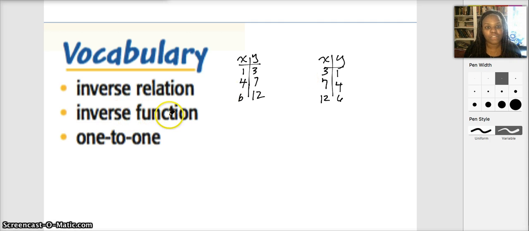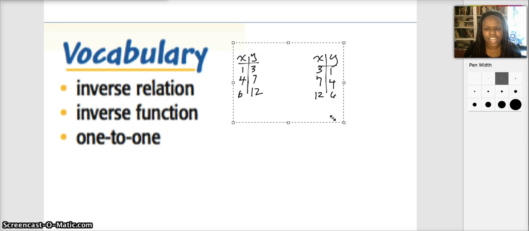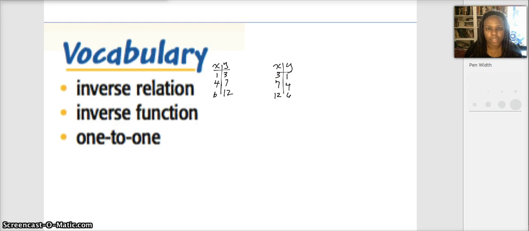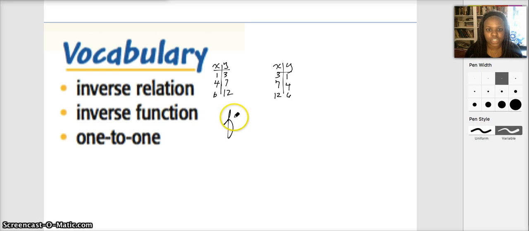And so an inverse function is going to be the same thing, except inverse functions have a stricter relationship, let's say. If I tell you that f of x and g of x are inverses of one another, first of all, I can write f of x, with g of x being its inverse, as f inverse of x.